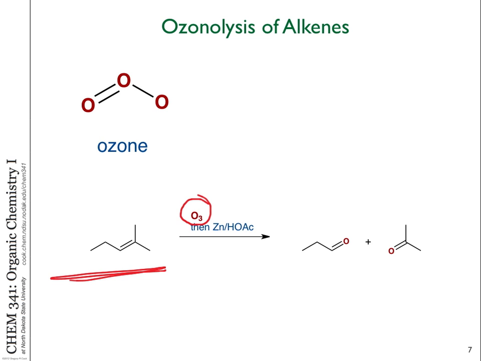We get two products out from this molecule. And notice what happened. Where the double bond was, it's been broken completely apart. Not only does it break the pi bond, but it breaks that sigma bond between the carbons as well. And we now produce two molecules by breaking it apart.